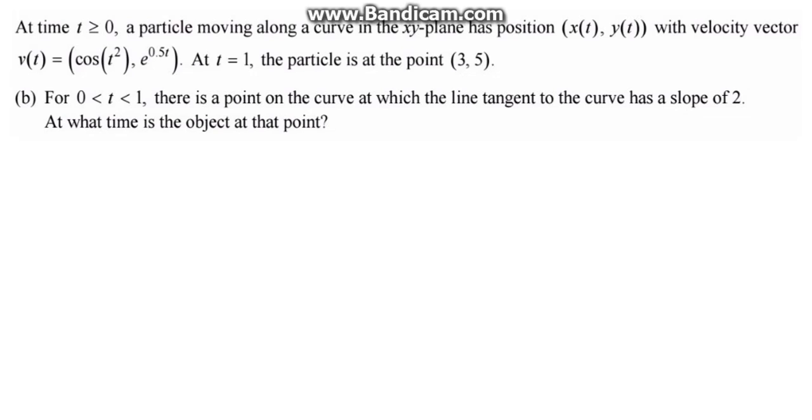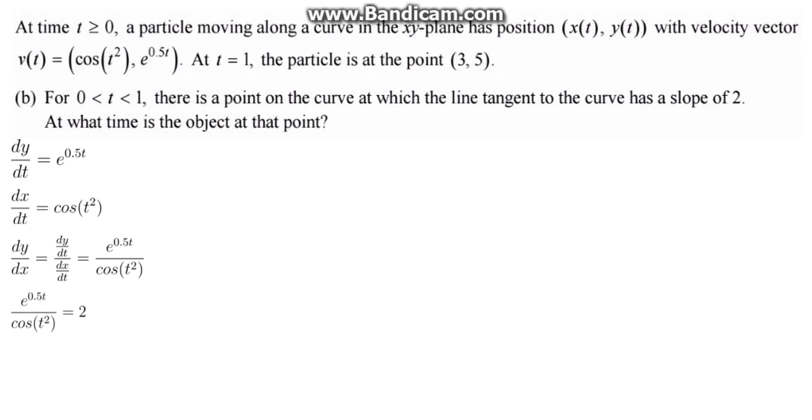Although we aren't given a function for dy/dx, we can find it using dy/dt and dx/dt, which are the parts of the velocity function. dy/dt is the y part of velocity, or e to the 0.5t, and dx/dt is the x part of the velocity function, or cosine of t squared. To find dy/dx, we divide dy/dt by dx/dt to get e to the 0.5t all over cosine of t squared. We also know that this is equal to 2.